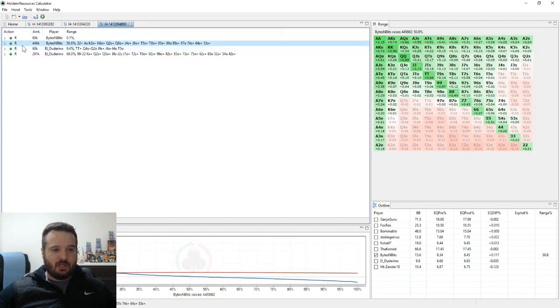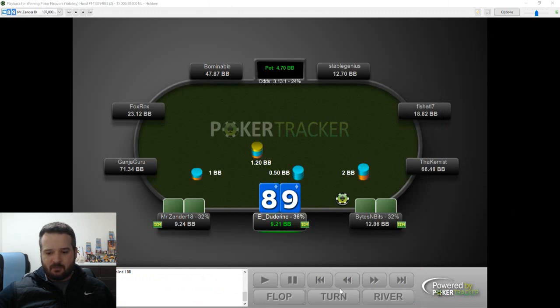What it's choosing to do is jam 50% of its range, as you can see here. And that's a key indicator that we should be just push folding at this stack size here. Just under 15 big blinds.